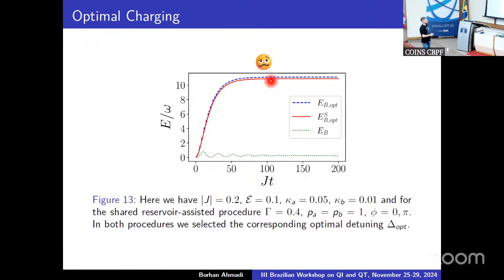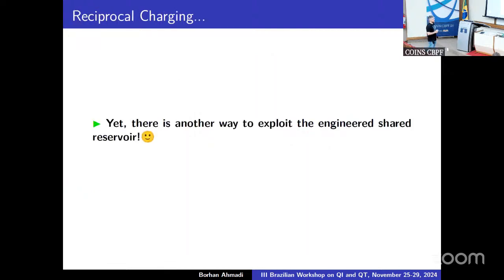The blue dashed line is for the conventional case, when the laser field is tuned to the optimal detuning, and the solid red line is for the case with the shared reservoir, and the dotted green line is for when I'm tuned to the charger. As you see, using the shared reservoir is not giving any advantage. It's even a bit worse. But yet still there is one way to exploit the shared reservoir.